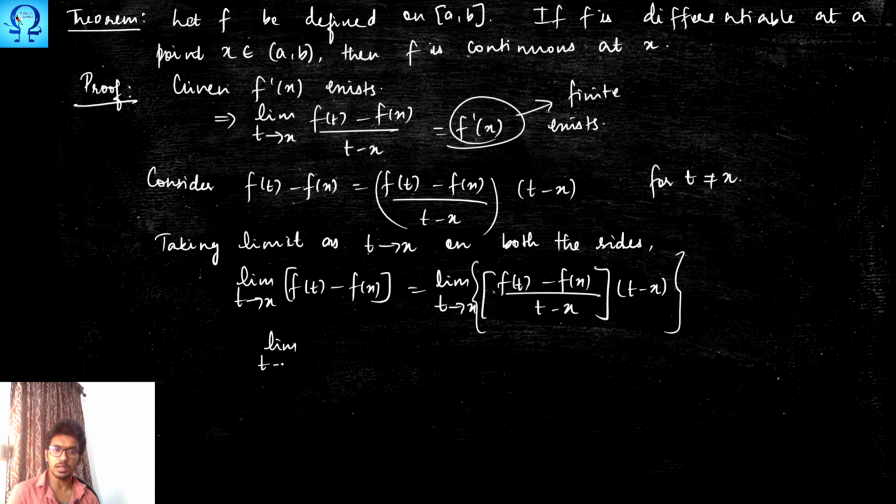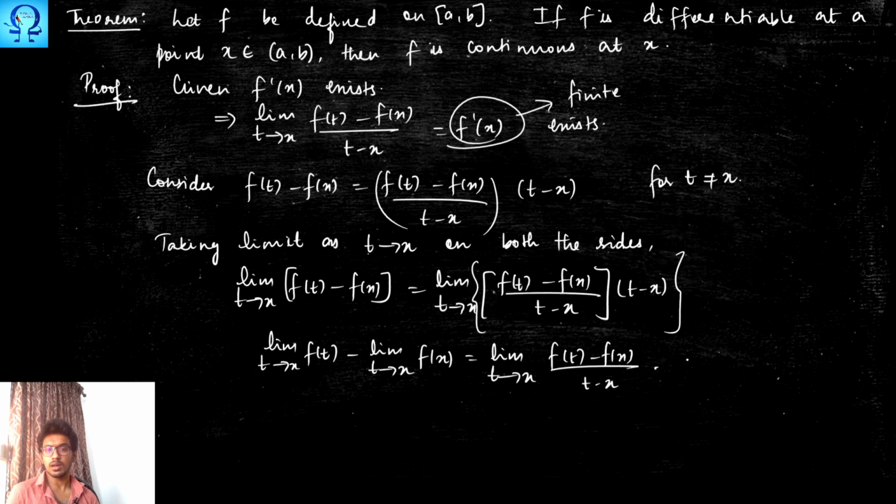Hence we have the limit of f(t) minus the limit of f(x), which equals the limit of (f(t) minus f(x)) upon (t minus x) times the limit of (t minus x). Since f(x) is independent of t, it is treated like a constant.